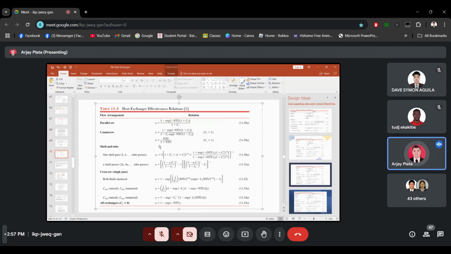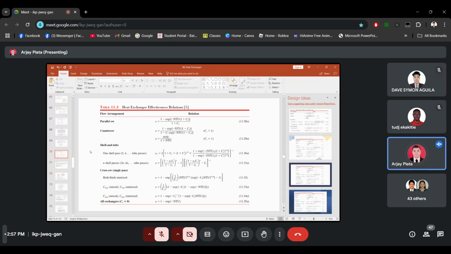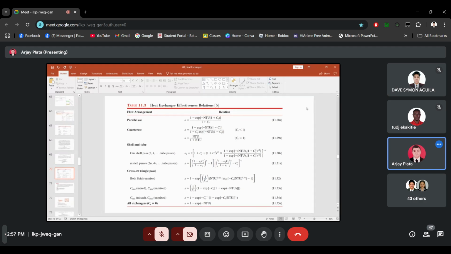This is Table 11.3, and as you can see, there is a corresponding equation for every type of flow arrangement or type of heat exchanger. For parallel and counterflow, this is the formula. If the problem is a shell and tube, you can find the value of the effectiveness E using parameters like NTU and CR.